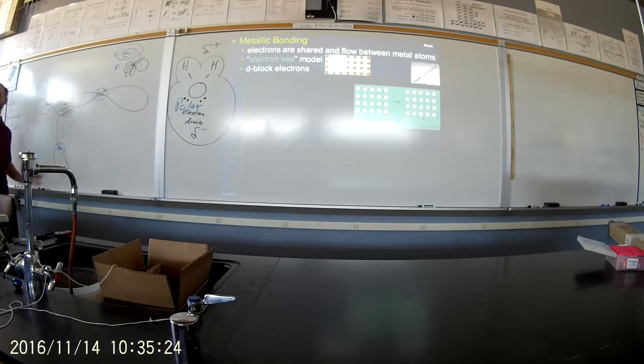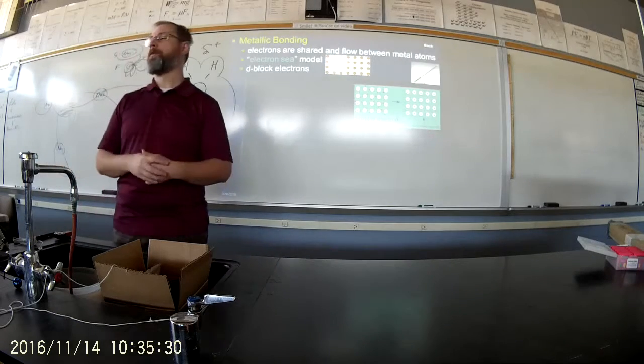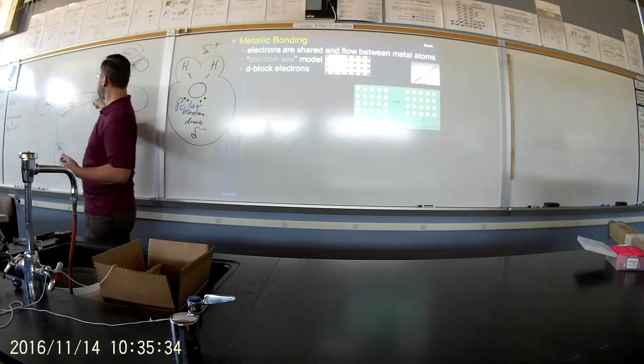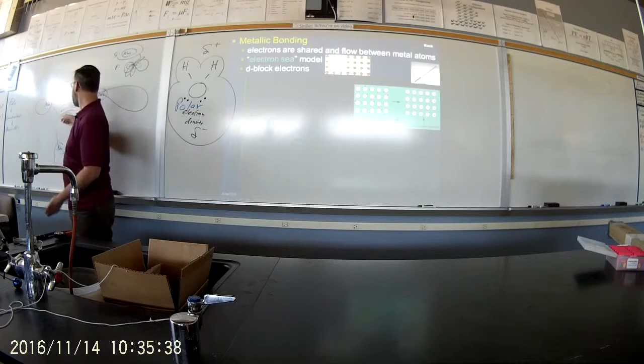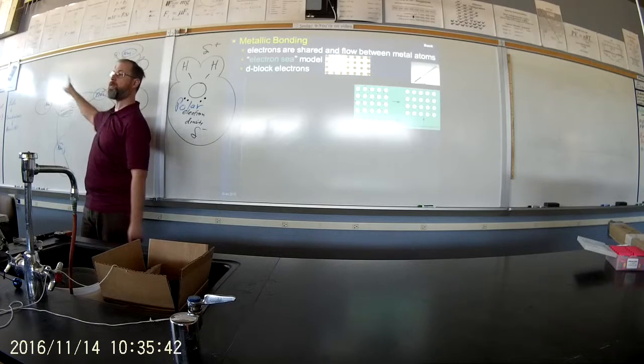Because the d orbitals are so long, they can overlap into other atoms' orbitals, which makes them do something kind of interesting. The electron in this orbital is just cruising along, gets lost, and all of a sudden it's in this orbital. Gets lost again, and all of a sudden it's in this orbital. So the electrons can cruise between orbitals.